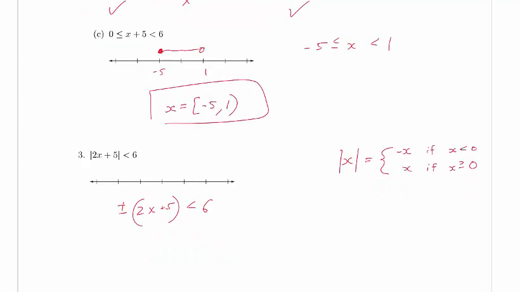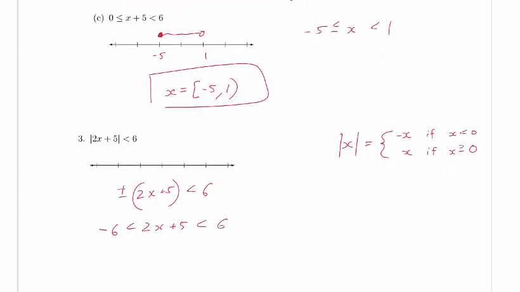Right? Because you multiply the one that's negative, because it's 2 different equations, and you'll end up with negative 6 is less than 2x plus 5, and 2x plus 5 is less than 6. Alright. So now we subtract 5 from all 3 sides that we have here.